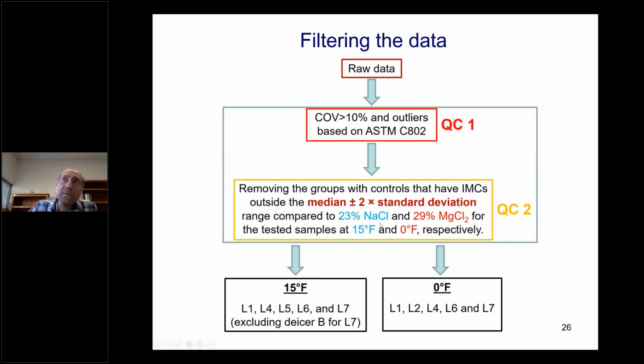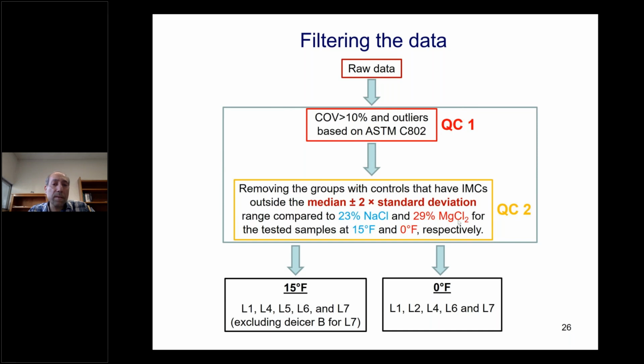Because the deicers A to G are commercial deicers, there is no standard to compare those deicers with. But for analytical grade deicers, there is a lot of research about them, and because their composition is known, the results are repeatable.